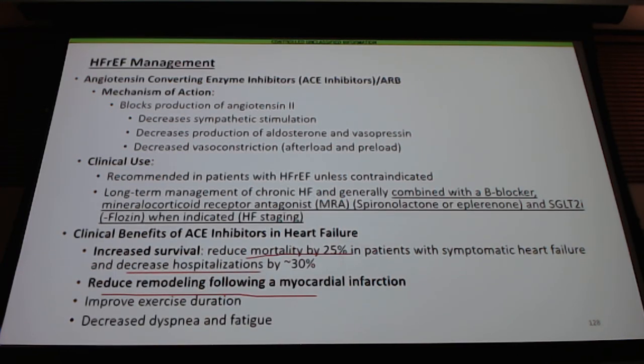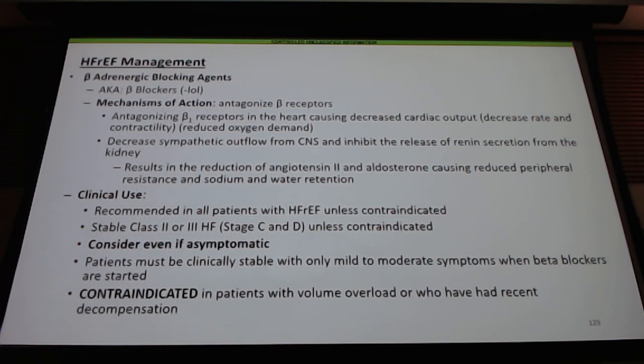So you get a mortality and hospitalization benefit with ACEs and ARBs. Beta blockers are kind of similar, where you get that mortality benefit associated with the use of beta blockers. But the key thing is you don't want to be starting these medications in the acute decompensated state. So you've got to deal with the volume overload first, and then you can start them on the beta blocker.